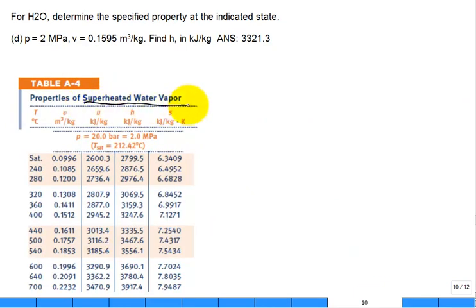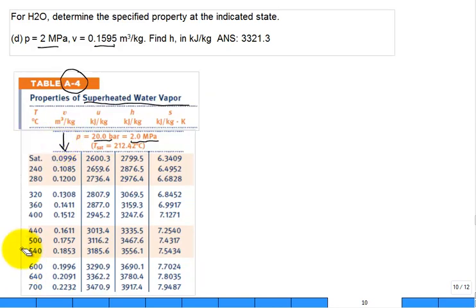Superheated water vapor data, table A4. We look for our pressure block of 2 megapascal, which is 20 bar, and we're looking for a specific volume. Now, it's built such that temperature is the primary input. It gets a little awkward, but you can still do it where you're coming in with specific volume as your second variable.